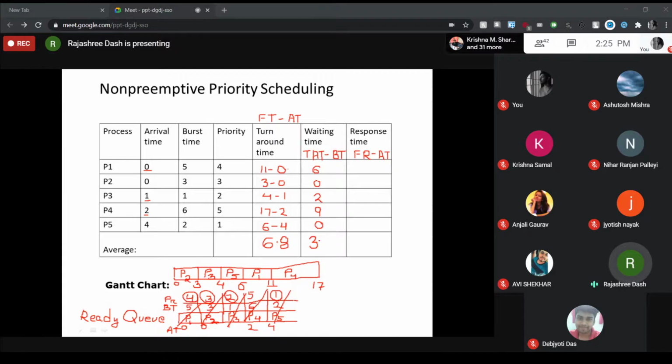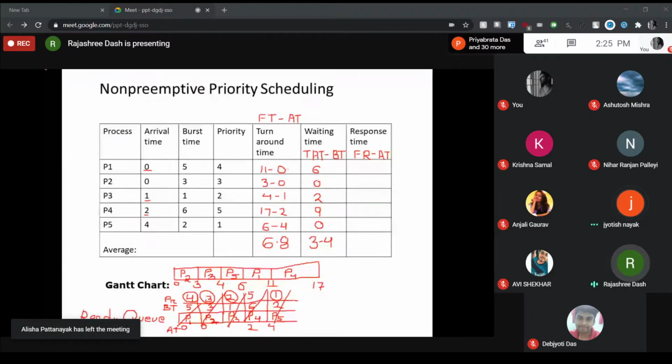Now let's find out the response time. For P1, what will be the response time? Am I audible or not? Six for the first response.